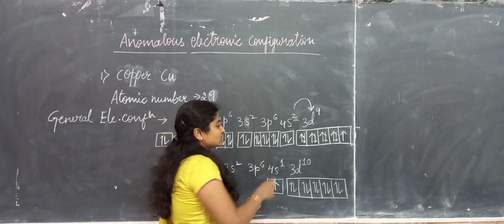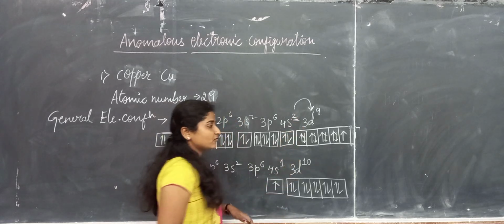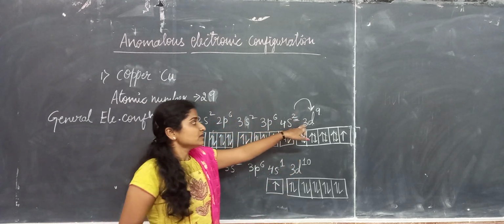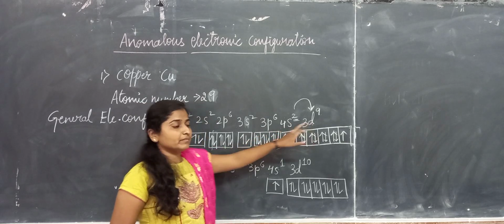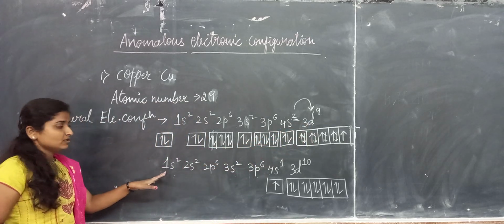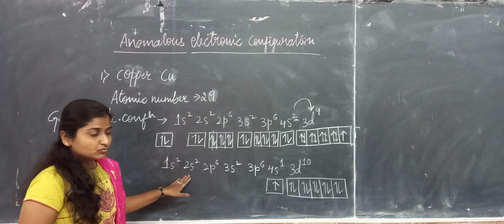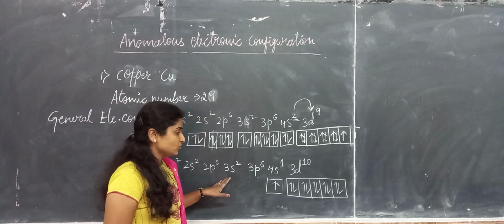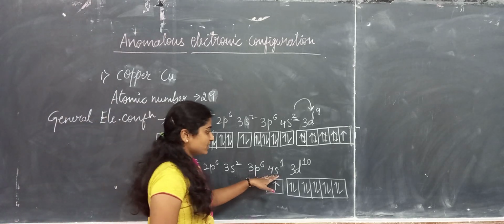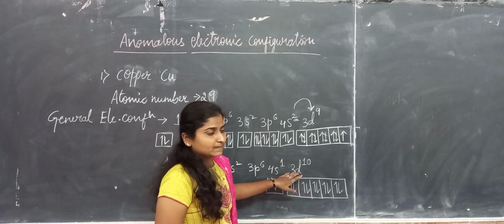Because of this reason, one electron in the 4s atomic orbital shifts to the 3d orbital, making the electronic configuration 1s2, 2s2, 2p6, 3s2, 3p6, 4s1, 3d10.